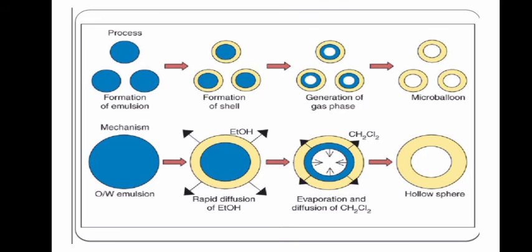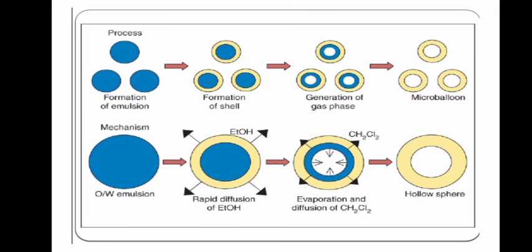Now let us see the process in which firstly there is the formation of emulsion, then there is formation of shell around the emulsion, then there is generation of gas phase, and at last the formation of microballoon. Now let us understand the mechanism behind the formation of microballoon. Within oil and water emulsion, there is rapid diffusion of ethyl alcohol, because of which there is shell formation in which the drug is loaded.